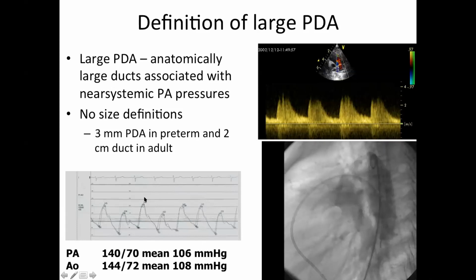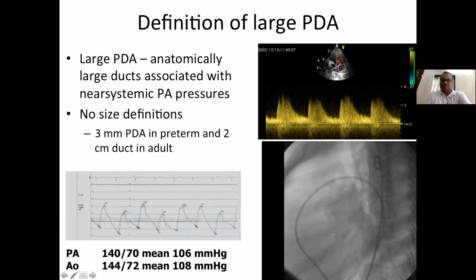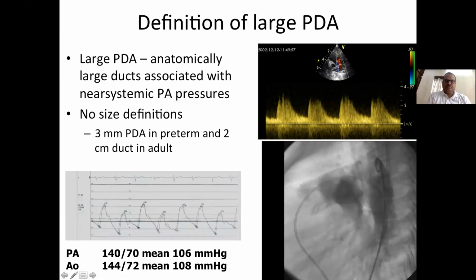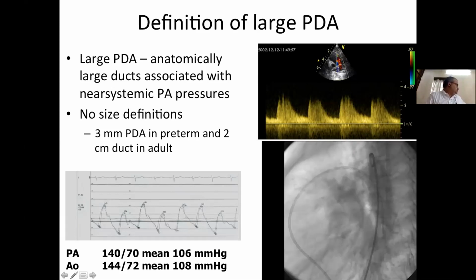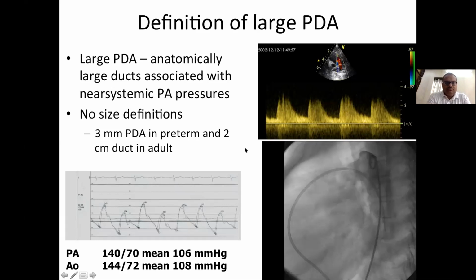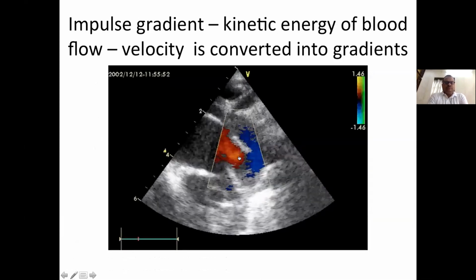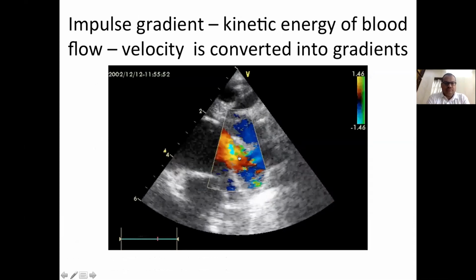Only when we do invasive imaging can we get this picture and identify the pulmonary artery pressure. And prior to that, what we have is only echocardiography. Look at this echocardiographic Doppler screen. The screen is showing a peak velocity of 3 meters per second, which will give 36 millimeters of mercury. However, that PDA is extremely large. So what actually happens? Whenever there is a large PDA, there is something called impulse gradient.